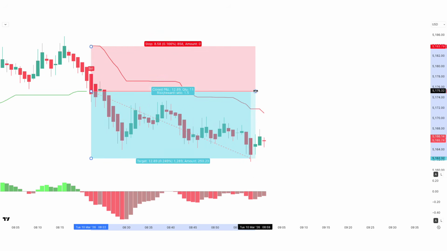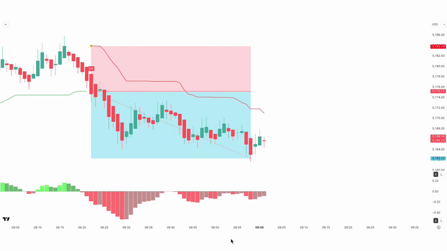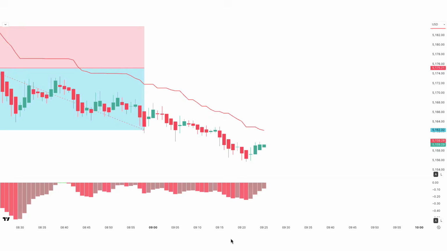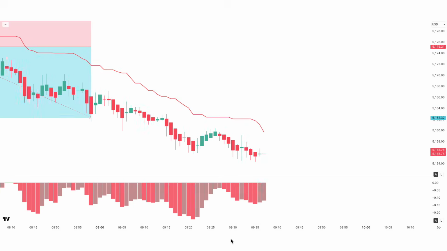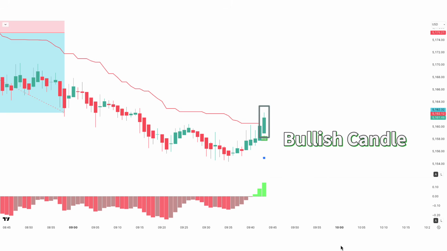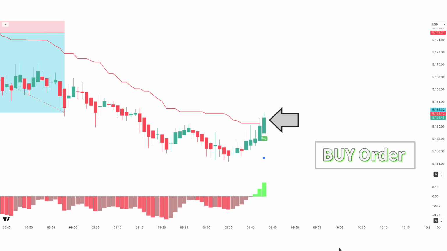Let us now understand the long position. When the trading goal of this indicator is a buy signal, when the MACD4C shows green columns, and when the market forms a bullish candle, if this condition is fulfilled, then we will place a buy order.